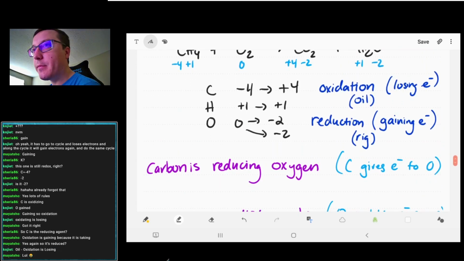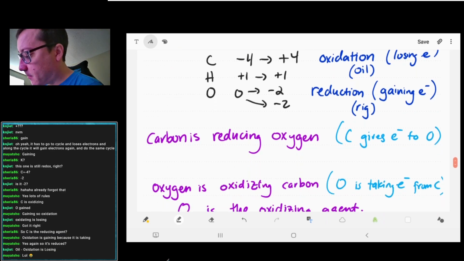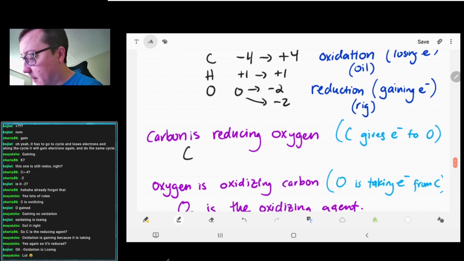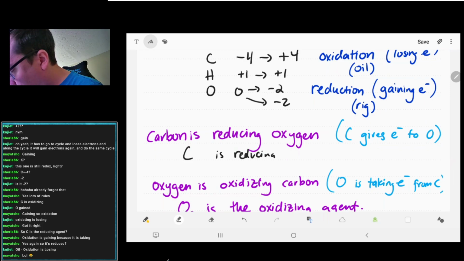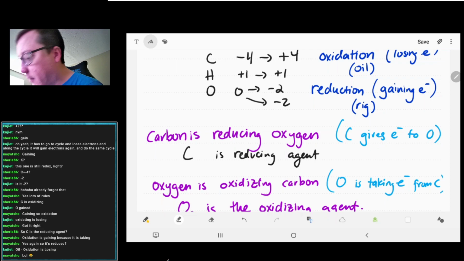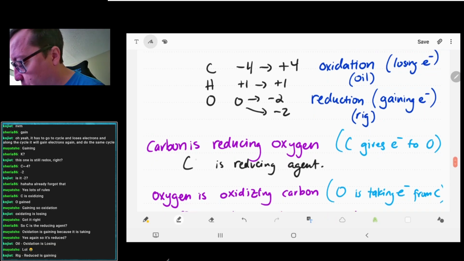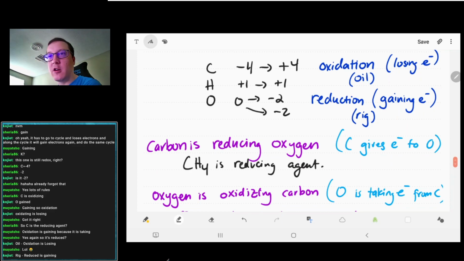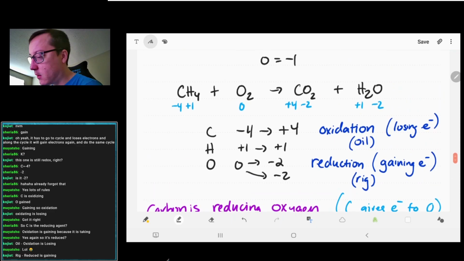We would be able to say carbon is the reducing agent. However, we have a convention that we actually report the compound that carbon is a part of in the chemical reaction, in the reactant side.